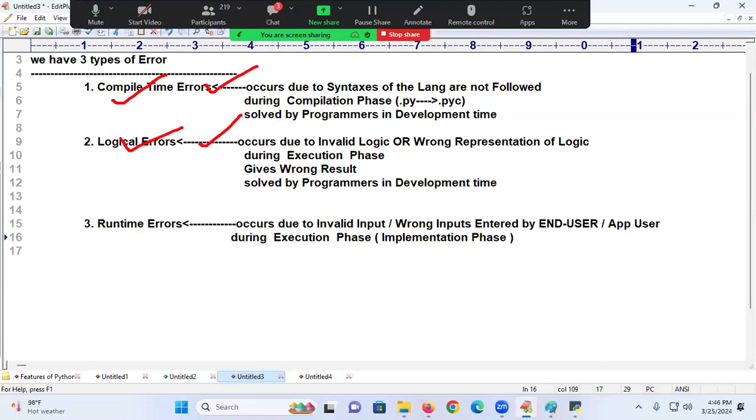Everything is perfectly running and you are launching that application in the market, which is known as the implementation phase. At that time, while the end users are working on your application with real data, some errors occur. Those errors are known as implementation errors.